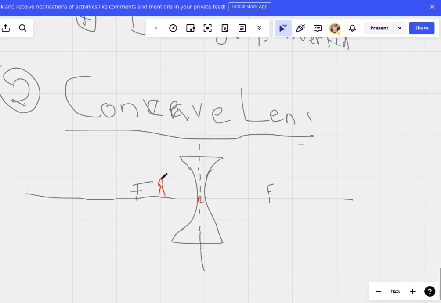So when a light ray meets this, it will diverge, it does not converge. Is that okay? The light will diverge, meaning it will be refracted away like this.